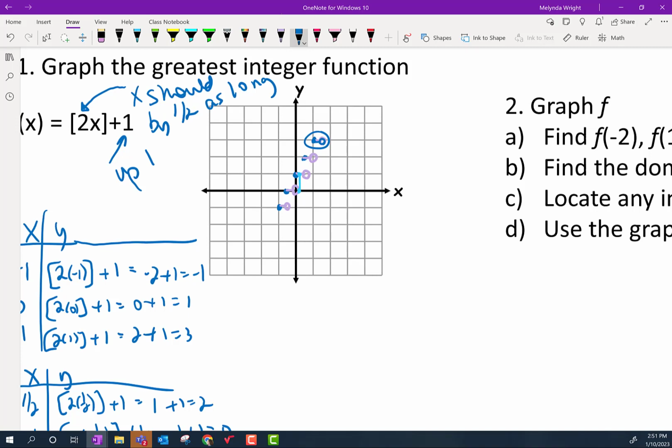What that means is you're going to start the next one directly above it with a solid and then move to a hole. And once you know the pattern, there's no reason for you to have to do a bunch more points. Just complete the pattern.